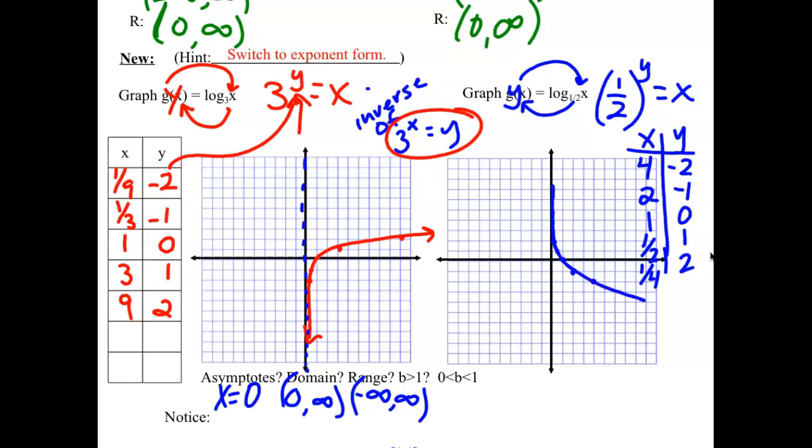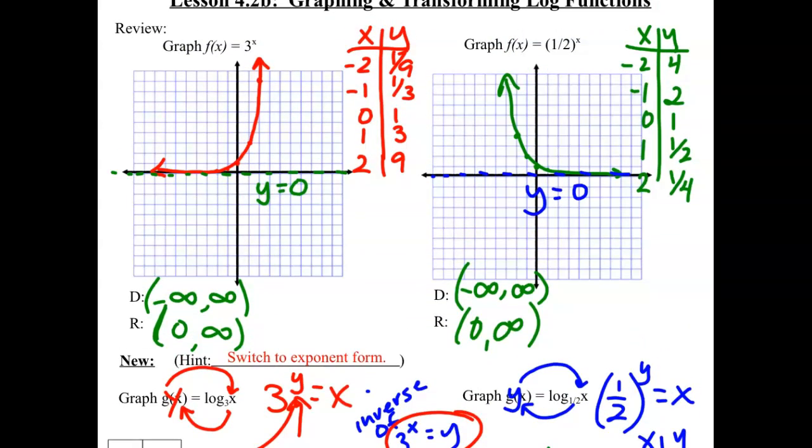So our graph still has a vertical asymptote at x equals 0. But this time our graph is coming down along that y-axis and curving off to the right. Compare it to the graph we had right above.